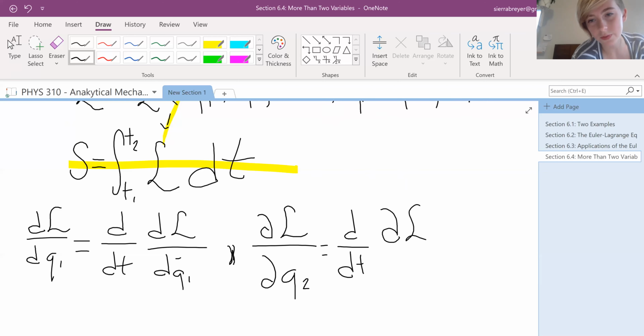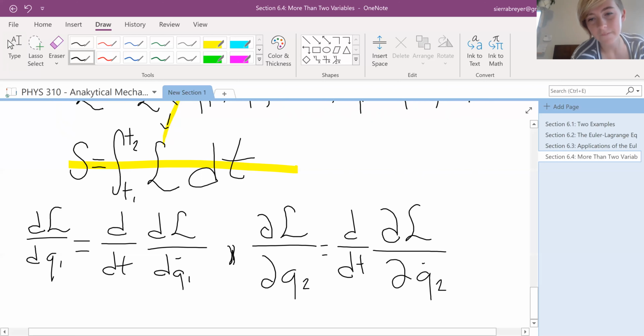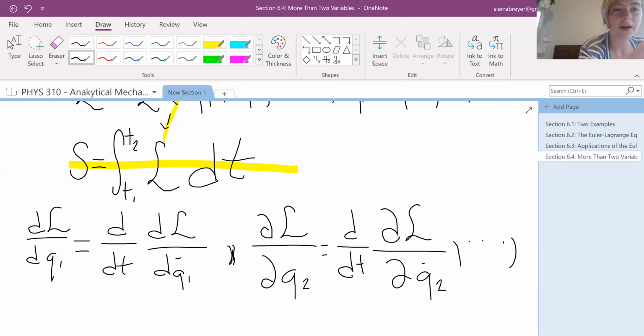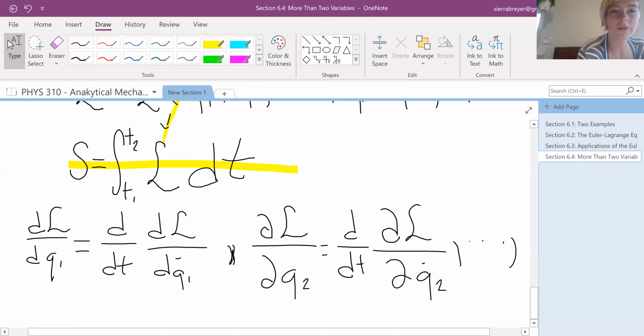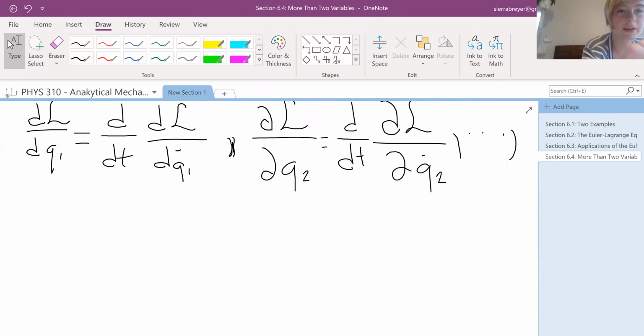I like that I switched how I'm writing derivatives in the middle of writing them. Okay, and then that'll keep going on and on. And I'm going to write the general one really nice, hopefully.